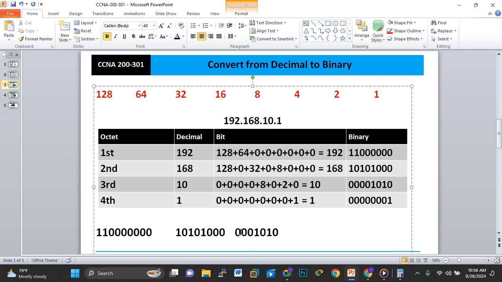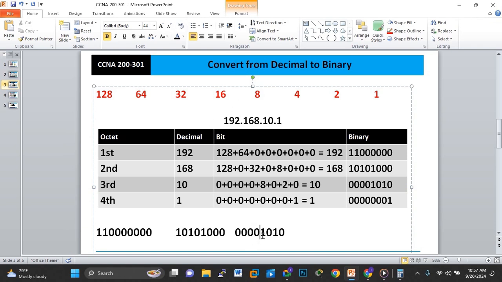So the binomial for 10 is 0, 0, 0, 0, 1, 0, 1, 0. If you take these zeros and align them under the bits, this 0 is under the 128, this other 0 under the 64, this other 0 under the 32, and this other 0 under the 16.